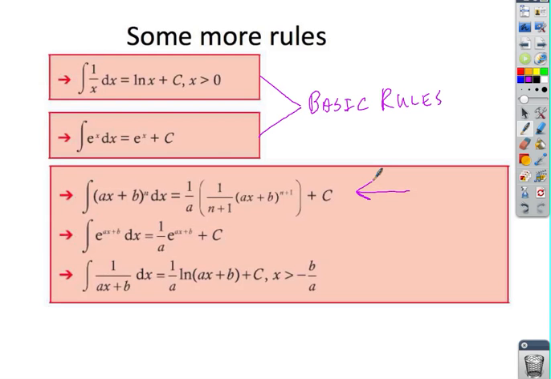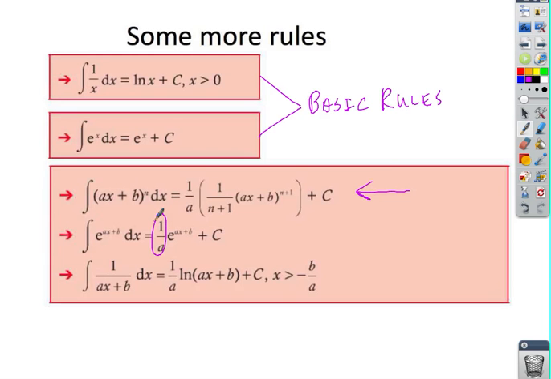In the second example, e is raised to a linear expression. Again, the integral of e is itself, but you must divide by the coefficient of x, which is a in this case, so 1 over a.